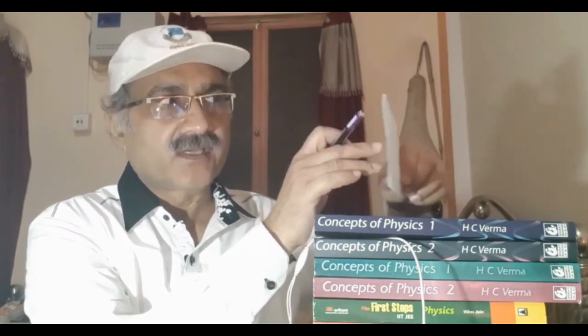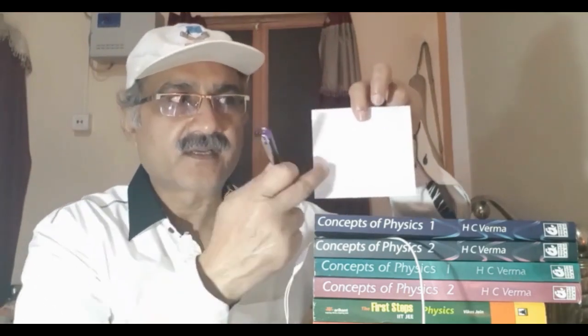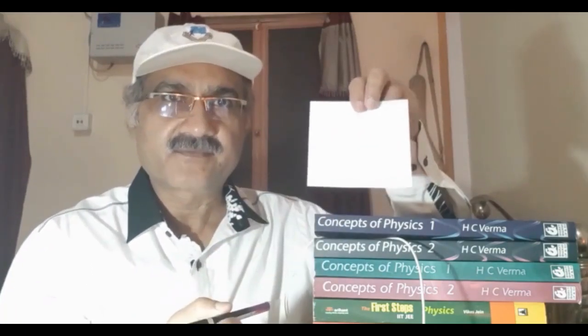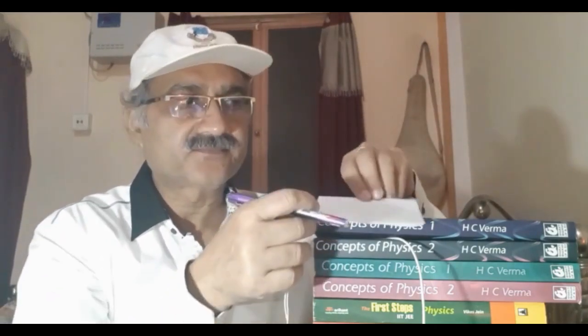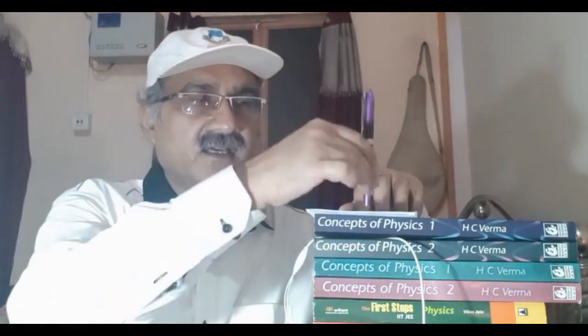Clear? If this area is like this, then the direction of this area vector will be towards you, normal to this, towards you. Okay, if the area is horizontal, then the direction of the area vector will be vertically upward.